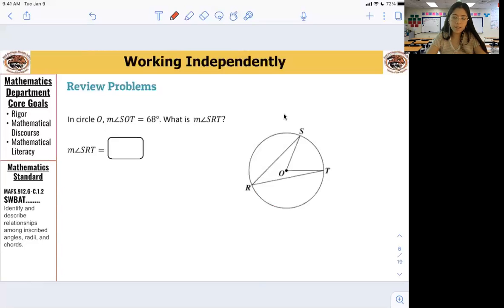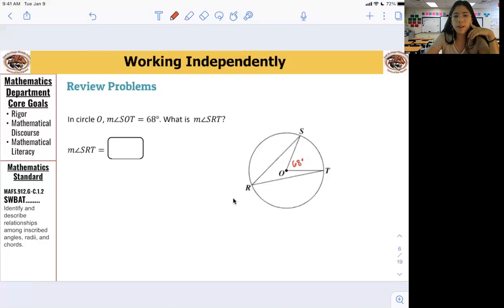Okay, 10, 9, 8, 7, 6, 5, 4, 3, 2, and 1. All right. If SOT is 68 degrees, almost everybody got it right.